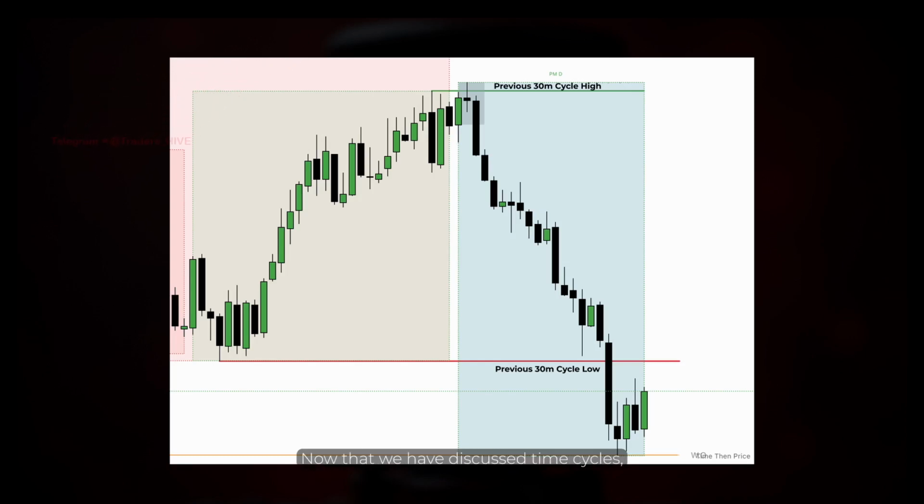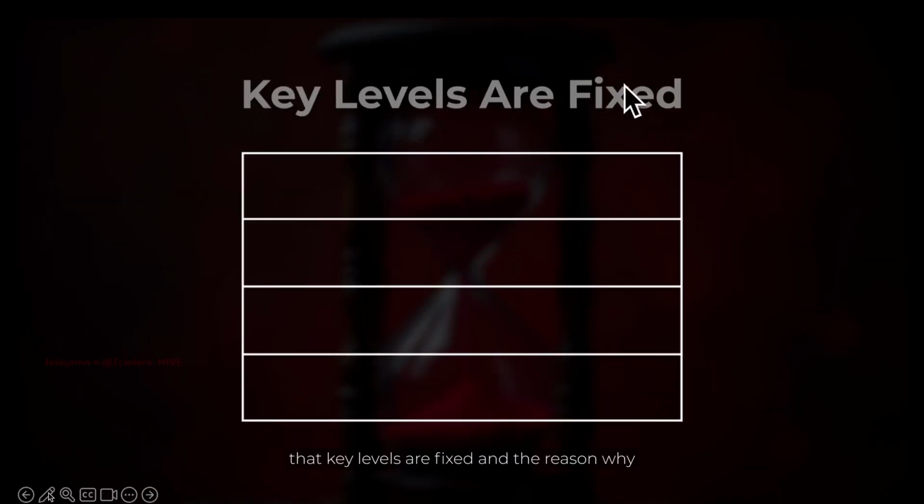Now that we have discussed time cycles, we're going to be discussing key levels. When it comes to key levels, you must note that key levels are fixed. And the reason why I'm mentioning this is because key levels are fixed levels, whereas the time cycles, their highs and lows, are dynamic.